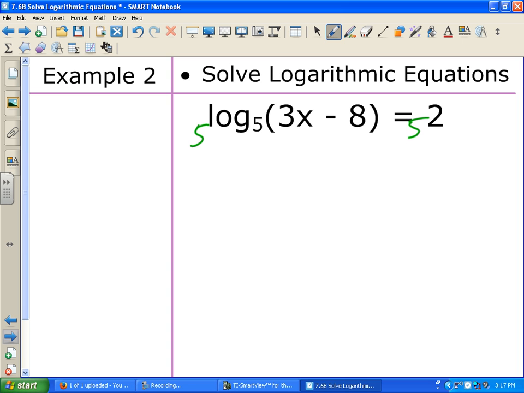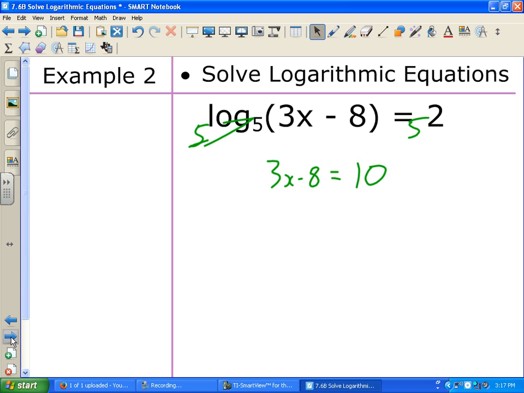When I introduce a base 5 to both sides of the equation, I have an identity there, and my left-hand side simplifies to 3x minus 8. On the right-hand side, my answer simplifies to 10. Right? I hope you're one of the students that right now is going, that should not be 10, Mr. Wood. That answer is 25, not 10.